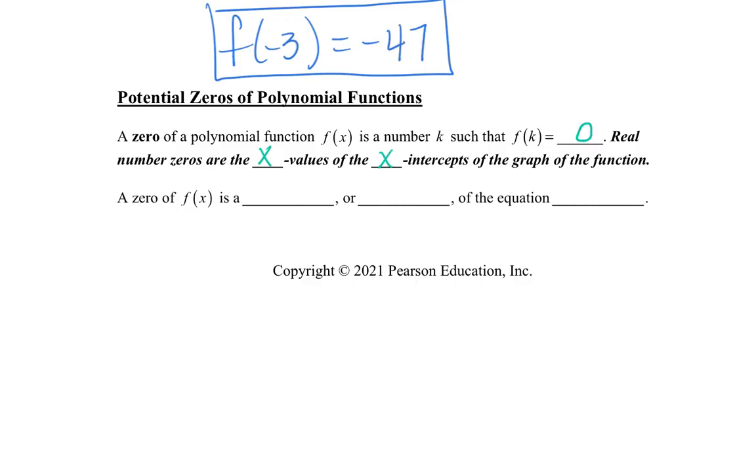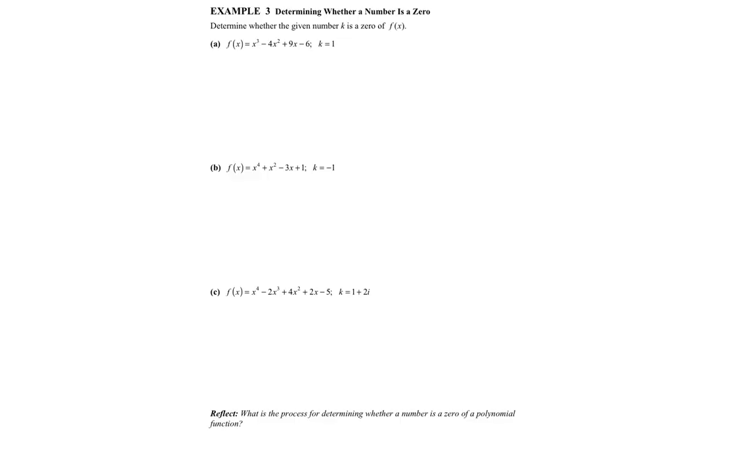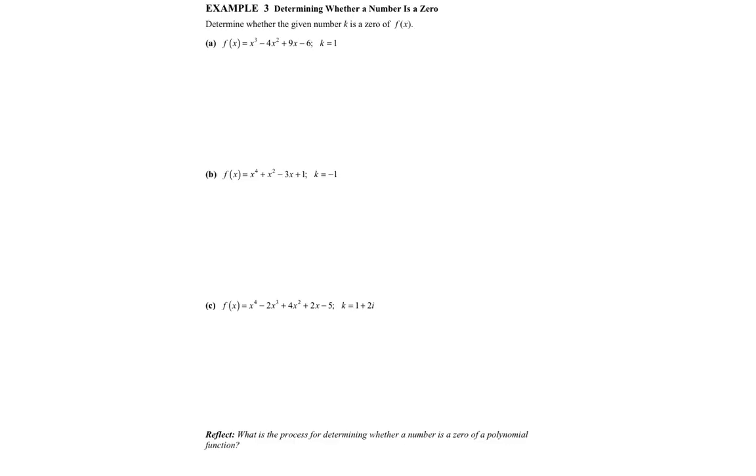So a zero of a function is a root or solution of the equation f of x equals 0, which is what we've been doing. We've been setting things equal to 0 and solving them. So let's do some examples so you can kind of tie it all together.